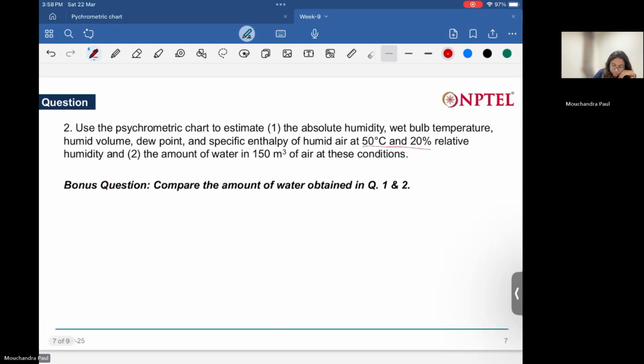So at 50 degrees Celsius and 20% relative humidity, first, what is absolute humidity?